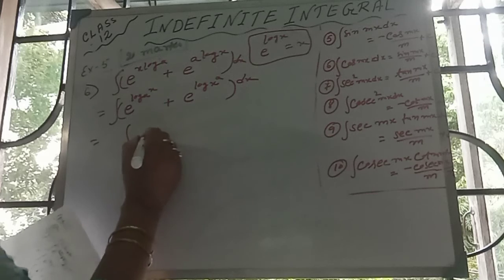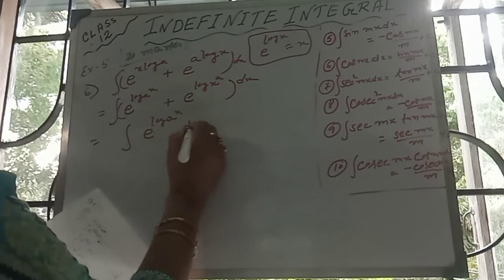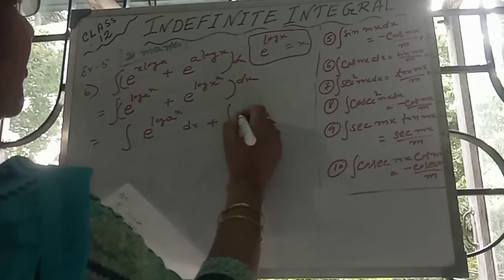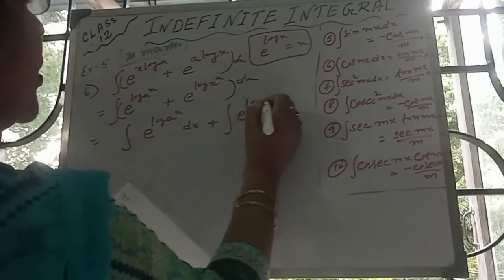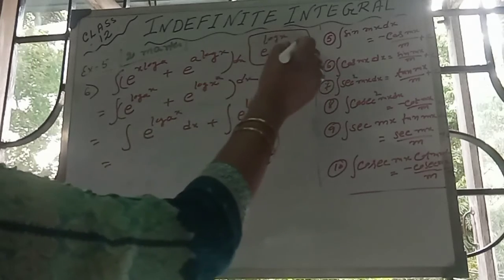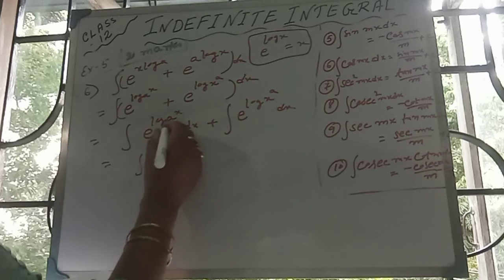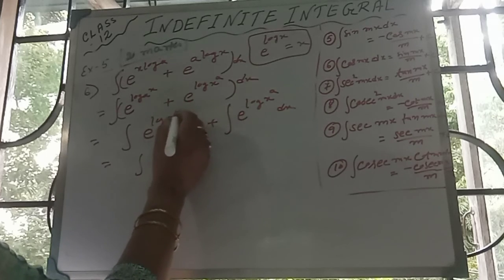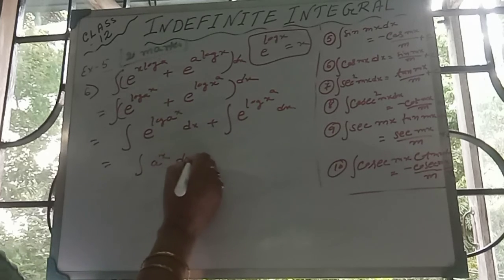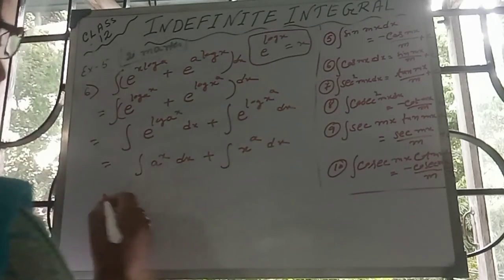So it's coming e to the power log a to the power x dx, the separation rule, plus e to the power log x to the power a dx. Since e to the power log x equals x, here we can write integral a to the power x dx, plus here it is x to the power a, so we will write x to the power a dx.